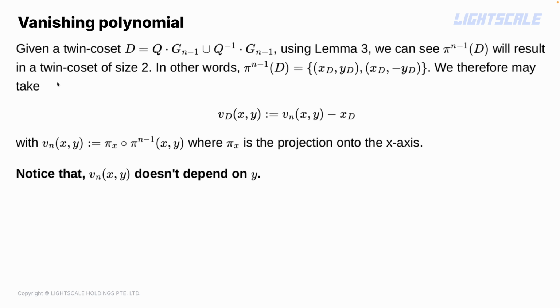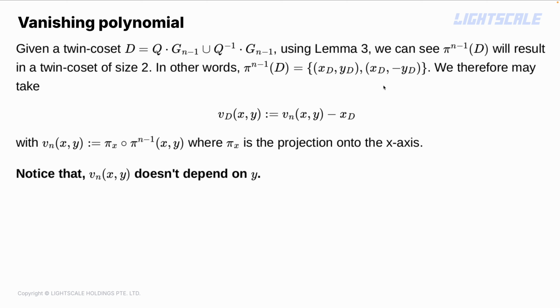So now we are given a twin coset D, and we can see that if you keep applying the square mapping n minus 1 times, we will get a resulting twin coset of size 2, right? The resulting points are symmetric by the x-axis, so it's just yd and minus yd.